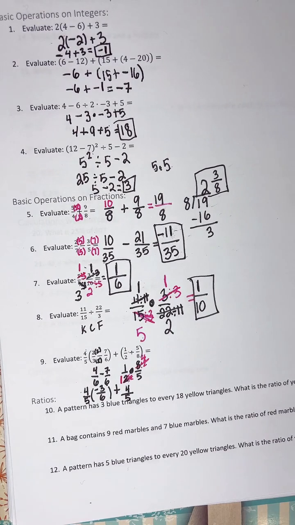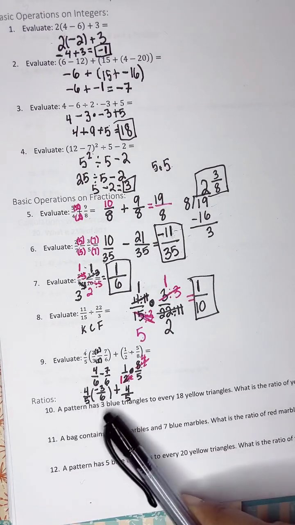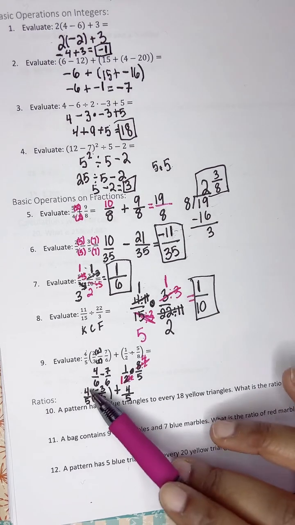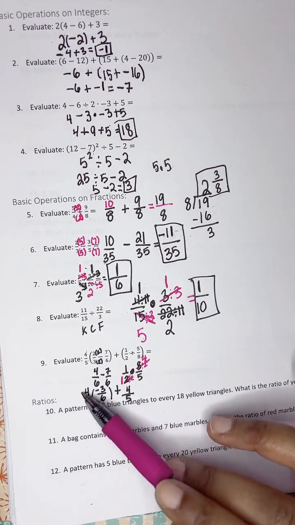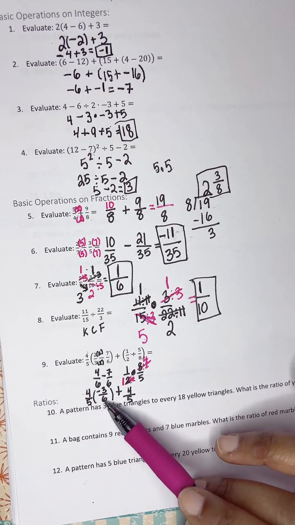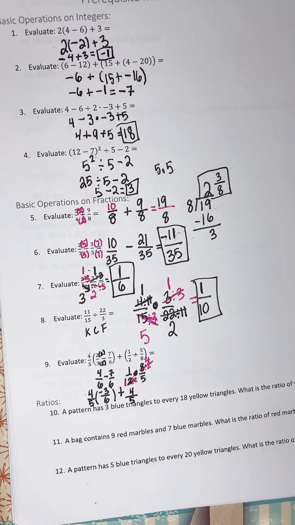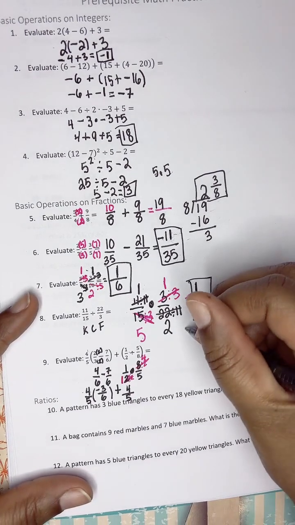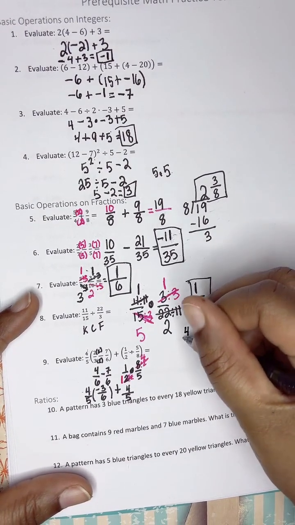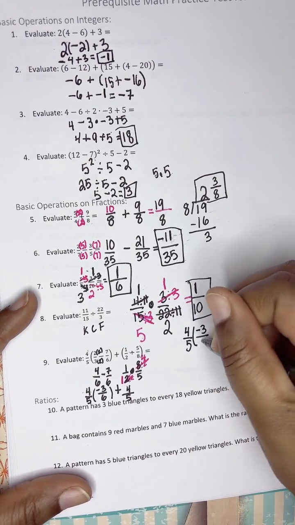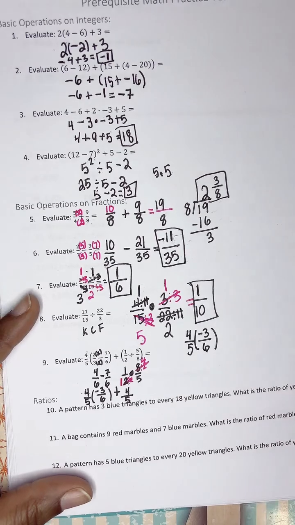All right. We still have some multiplying here to do, right? I want to do it bigger. Hold on. I'm going to do it over here, okay? So I'm going to do 4/5 times -3 over 6.